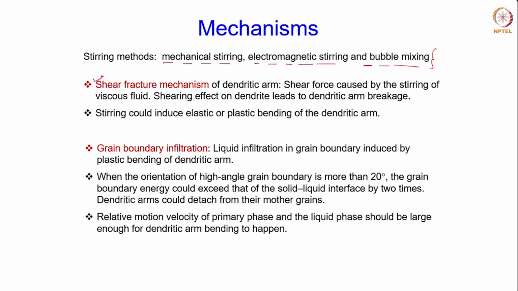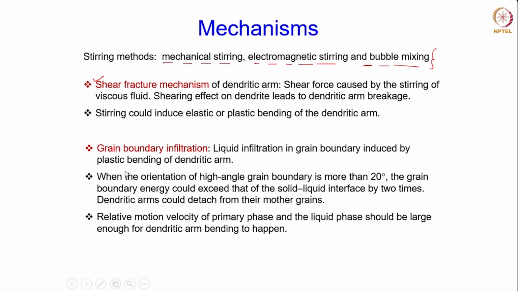So here, when you stir the melt by one of these methods, the shear force caused by the stirring of this viscous fluid will lead to the breakage of the dendrites. Once that happens, these broken dendrites will be dispersed into the melt and lead to grain multiplication.